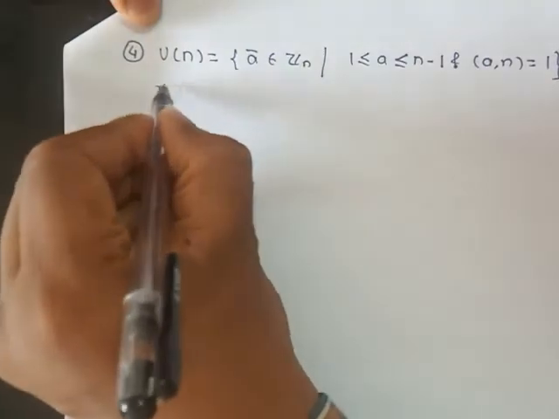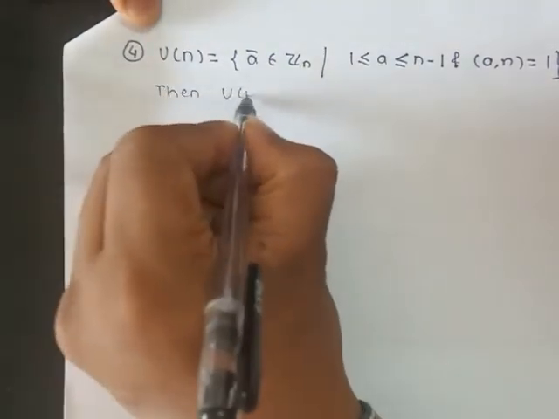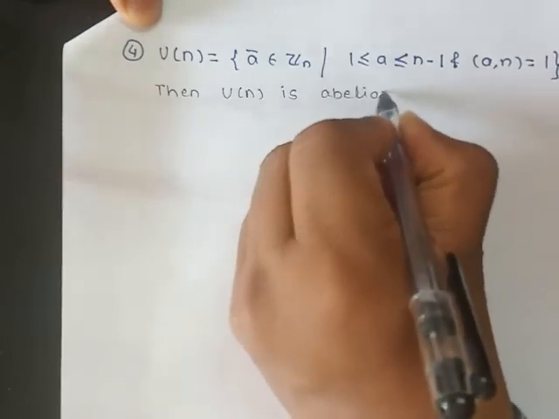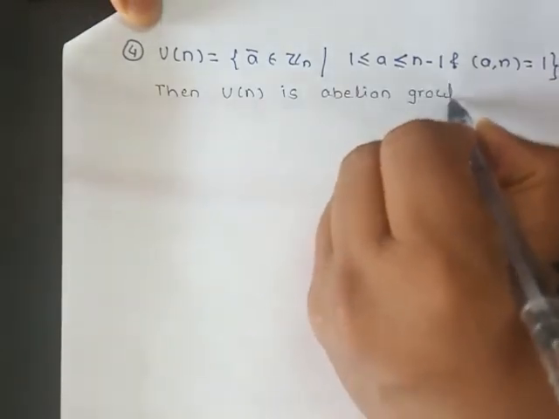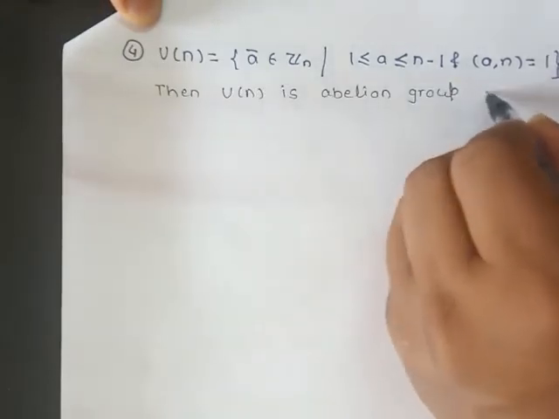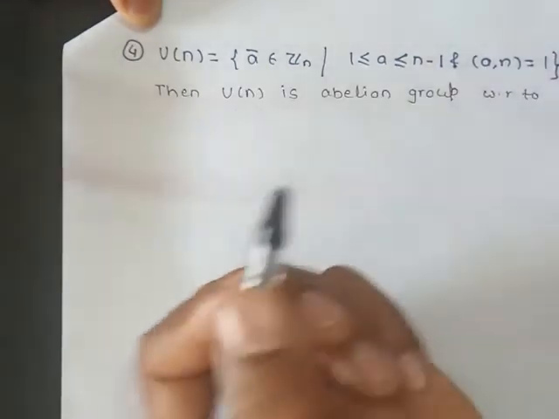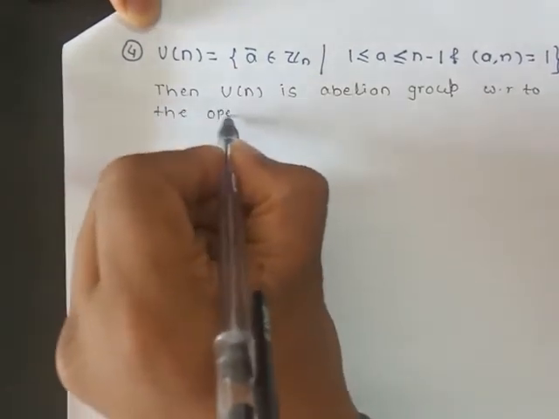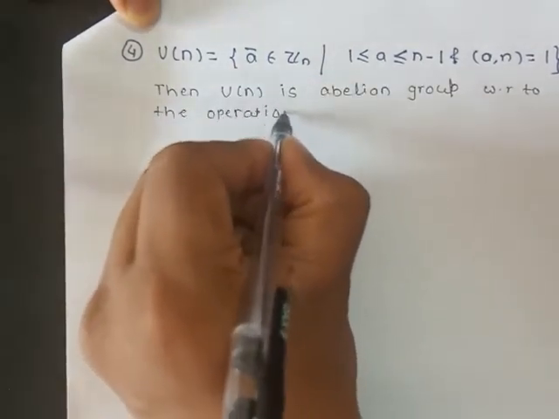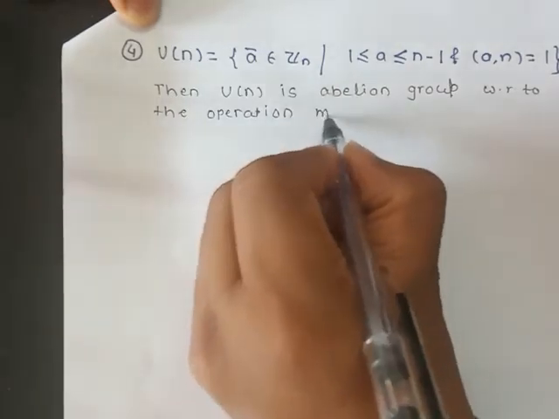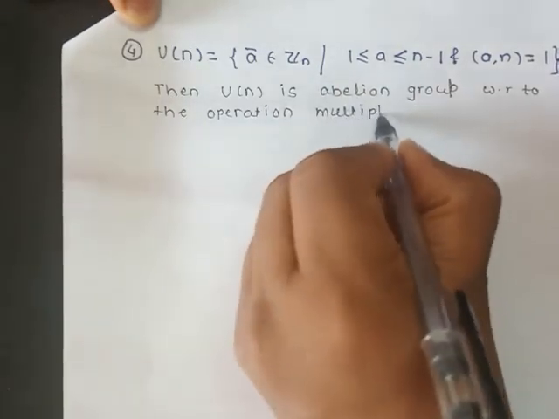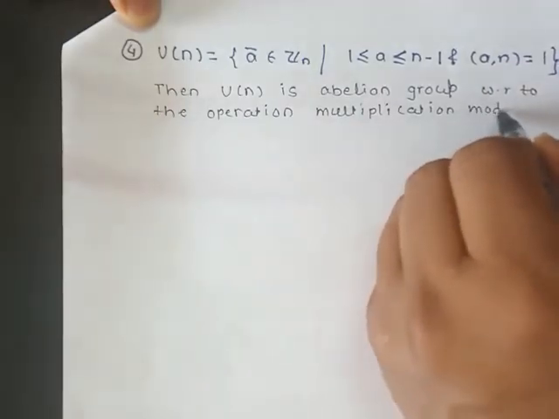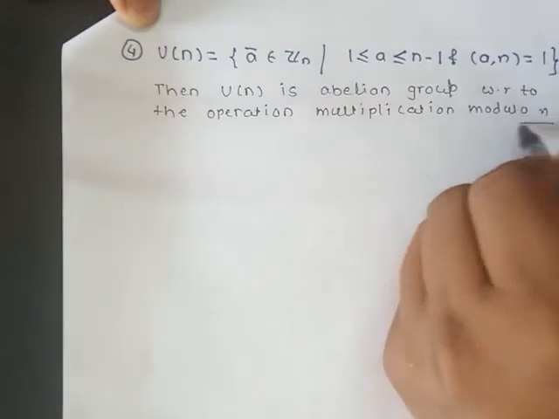Then UN is an abelian group with respect to the operation multiplication modulo n.